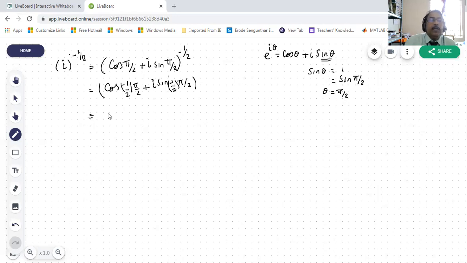So cos of minus theta is cos theta: cos pi by 4 minus I sin pi by 4.